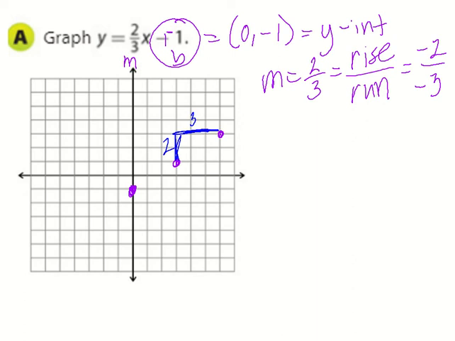But what it allows me to do is to now go down 2 and 1, 2, 3. Down 2. 1, 2, 1, 2, 3. So same triangle, except the other direction. And then once I have enough points, I can connect them and make my line.